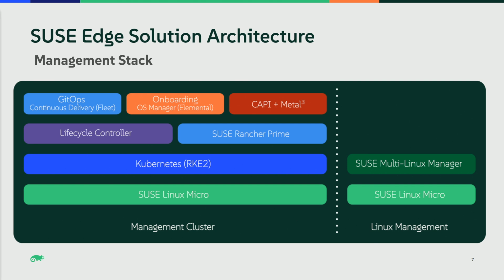The Metal3 part up there is not usually something we see in our industrial use cases. That's if systems have management board controllers, BMCs like iLO or iDRAC, you can use CAPI, the Cluster API in Kubernetes, to talk to those boxes just as if they were a public cloud.